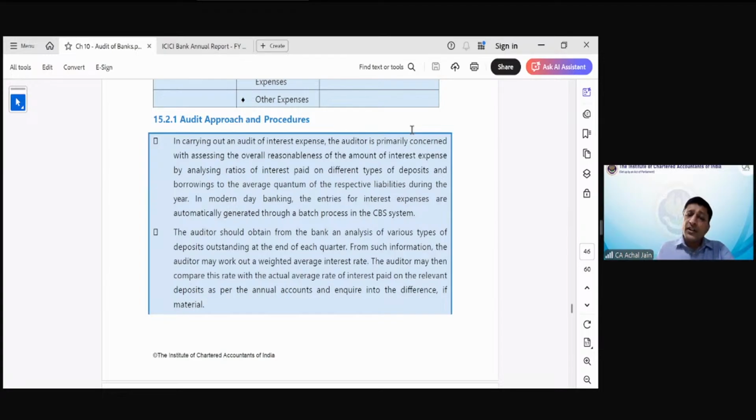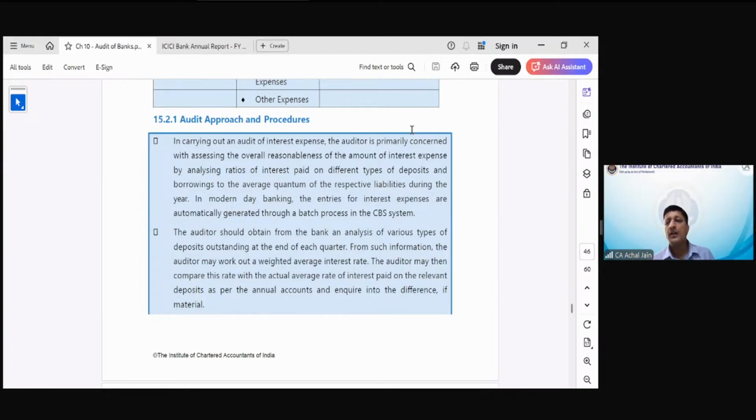So the auditor will therefore have to draw comfort on the systems. Because if the systems are working in an appropriate manner, then the calculation which is getting generated out of that, or you can say the report of interest expense which you pull out from that particular system, should be completely okay. So considering today's environment, what is going to be the most important procedure on the part of the auditor?